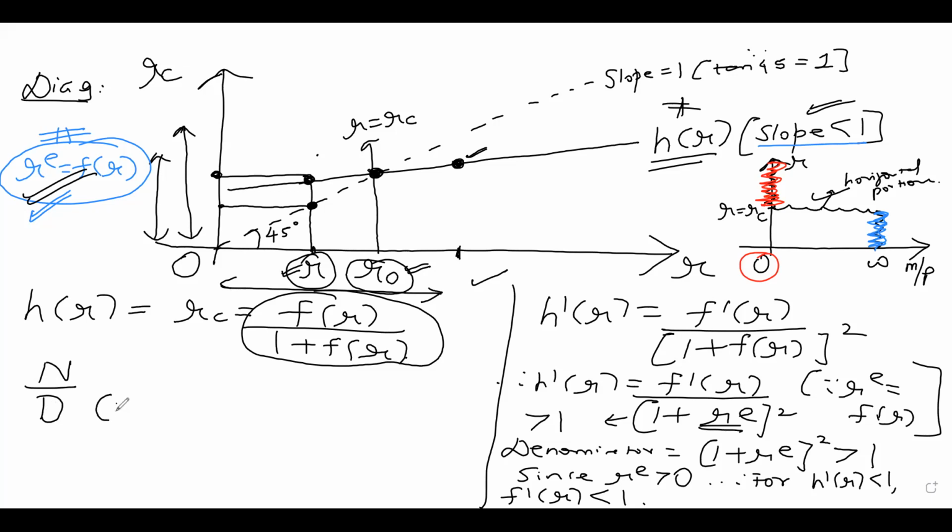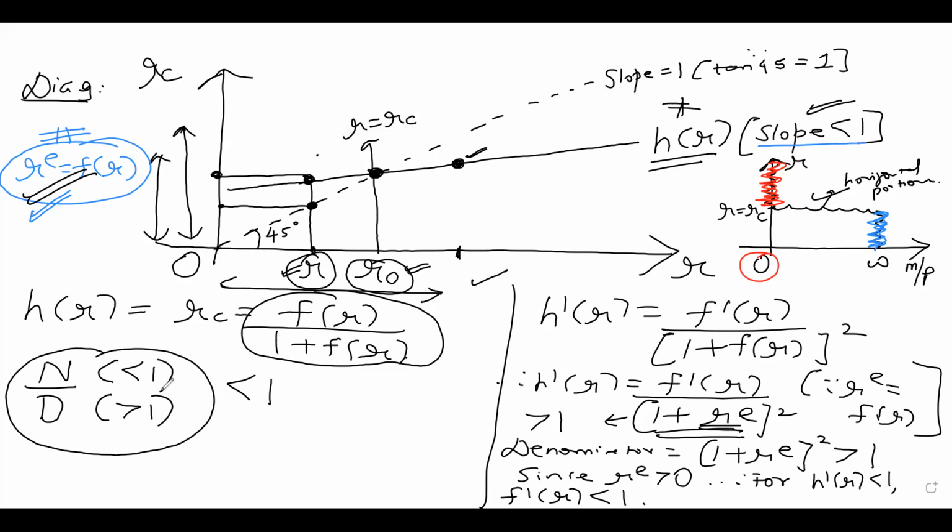My denominator is greater than 1. Why? Because it's 1 plus RE whole square, which is greater than 1. So for my whole expression to be less than 1, my numerator must be less than 1. That means my numerator should be a fraction. Only when the numerator is a fraction, even if my denominator is greater than 1, will the whole numerator by denominator thing be less than 1.